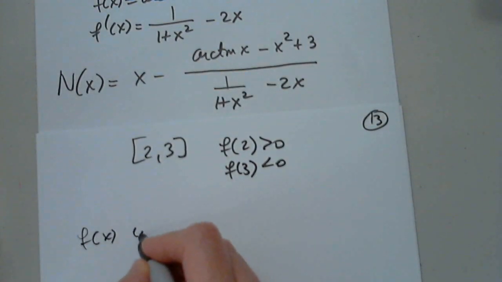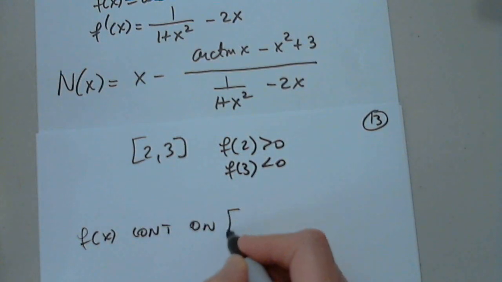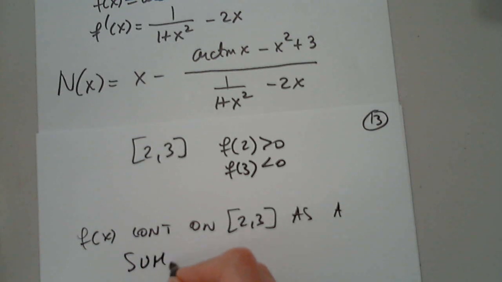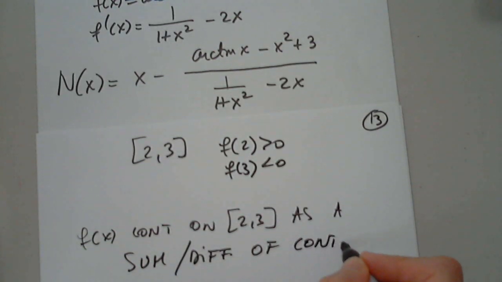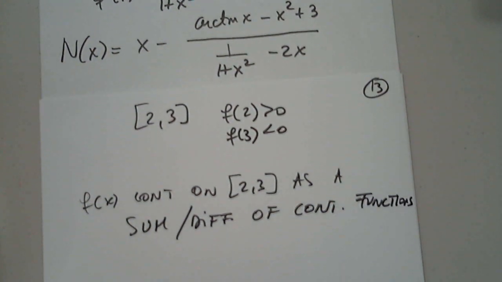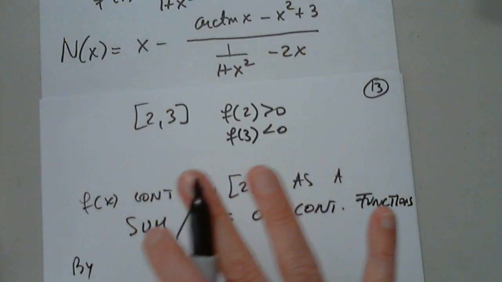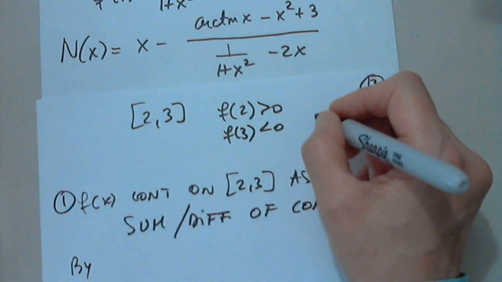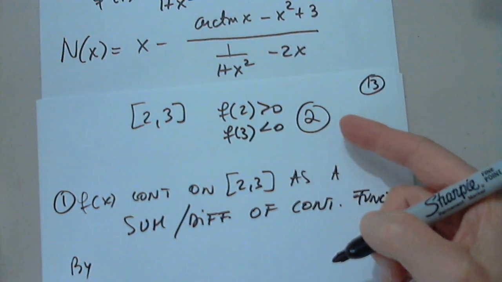So I would say f of x is continuous on 2, 3 as a sum or difference of continuous functions, and this is a second hypothesis. This is number 1, and number 2 I already wrote here.